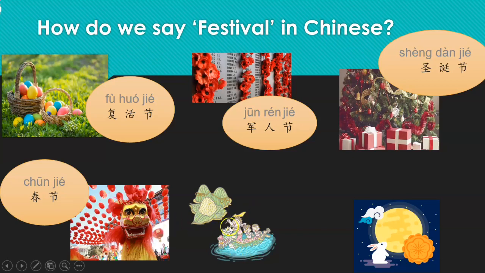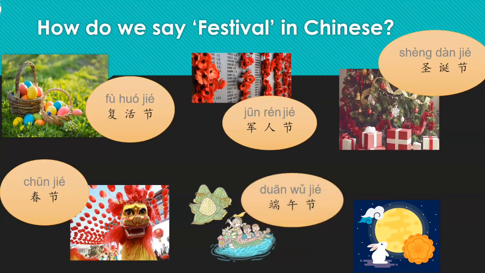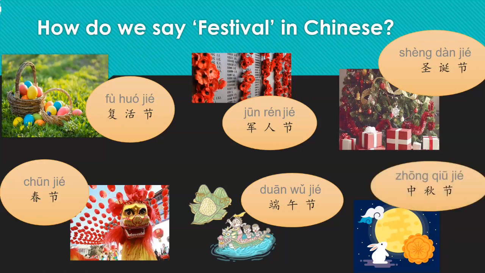And here we have people doing the dragon boat and also eating the Chinese rice dumplings, 粽子. Therefore, we call this festival 端午节, which is the dragon boat fest. And lastly, we have the lunar festival, or what we call Mid-Autumn Festival, okay? It is called 中秋节, right?